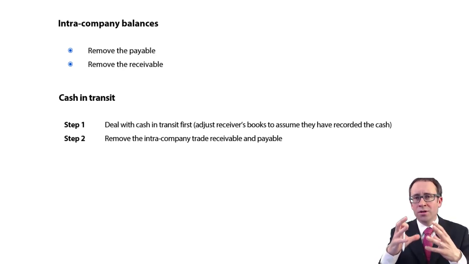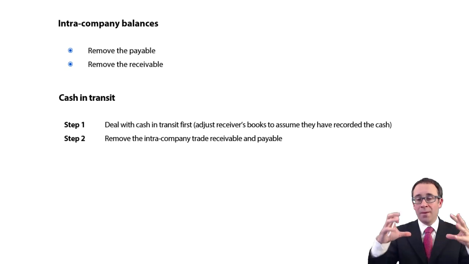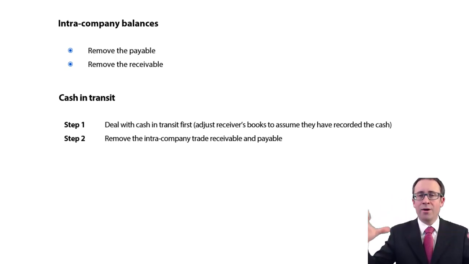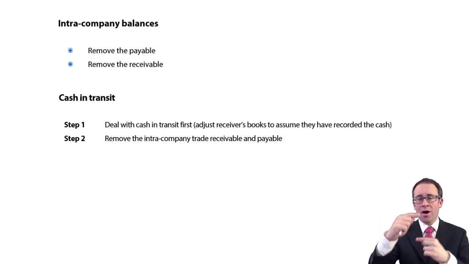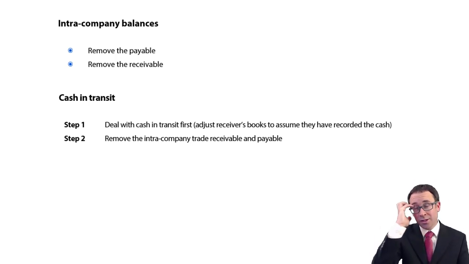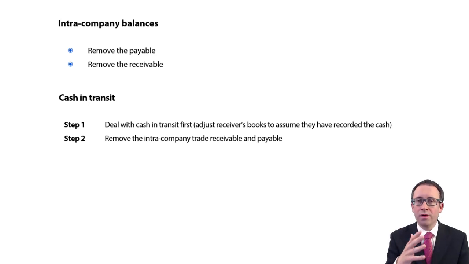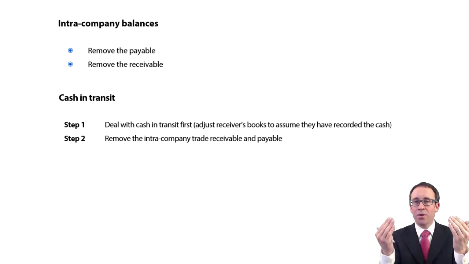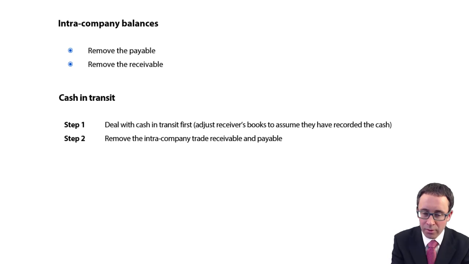the shareholders within the group are only really interested in what happens between the group and the outside world. But they're not worried about what happens between the group members, are we? So because it's a single entity, we're going to remove the balances that are due between the group members. So if there's a receivable in P's books and a payable in S's books, we're going to remove the receivable and remove the payable.